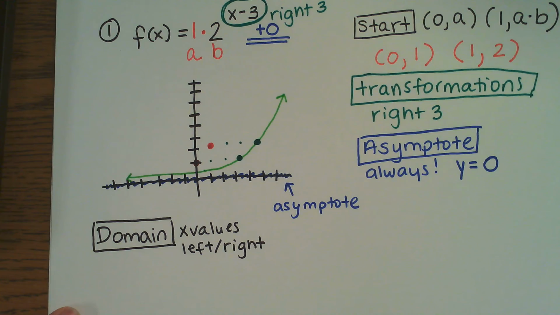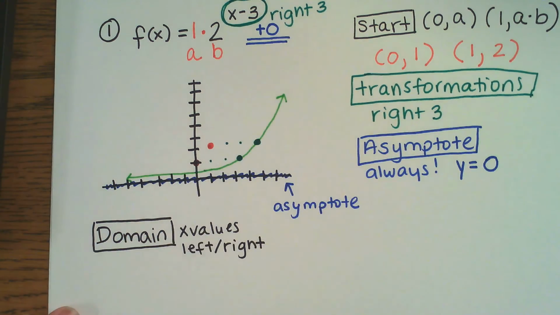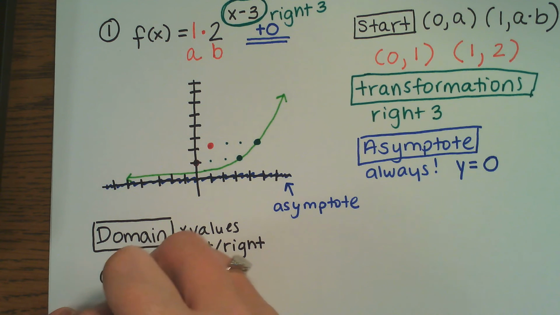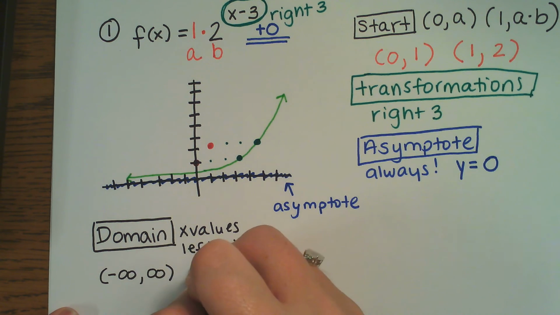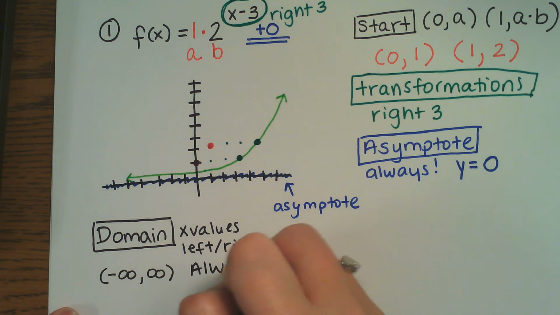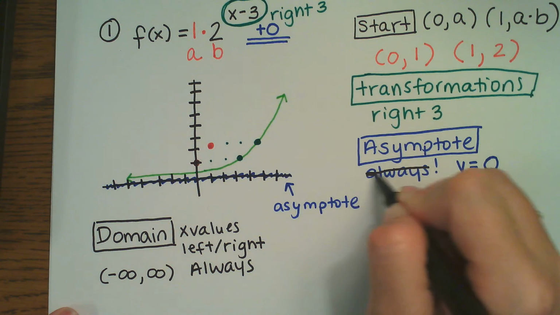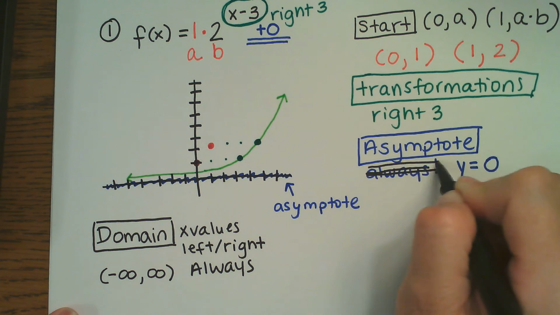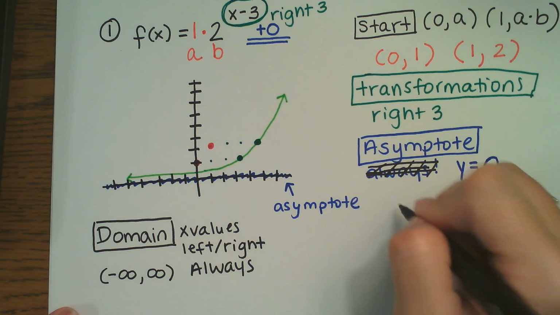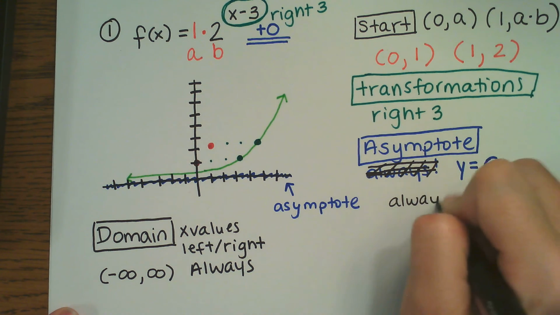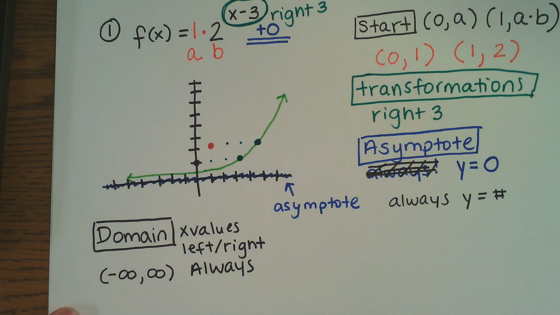Well, an exponential function is going to go forever to the left and forever to the right. So we'll use negative infinity, comma, positive infinity every single time. I'm going to take this "always" off of here because it's not always y equals 0.